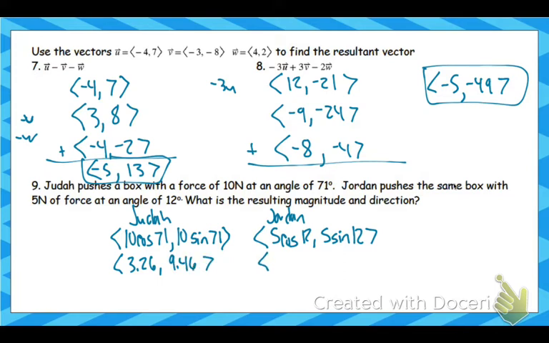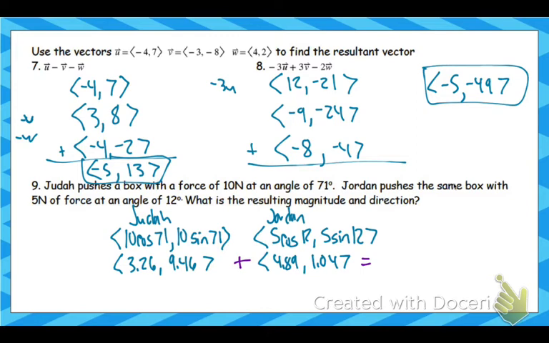Then we'll do Jordan. 5 cosine 12 is 4.89, and 5 sine 12 is going to be 1.04.